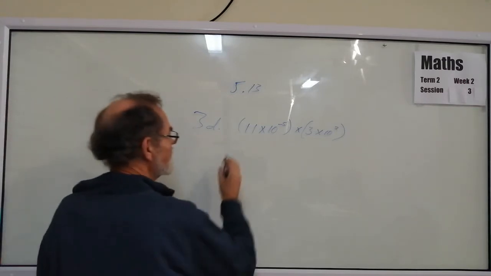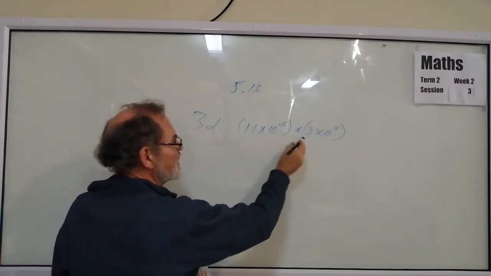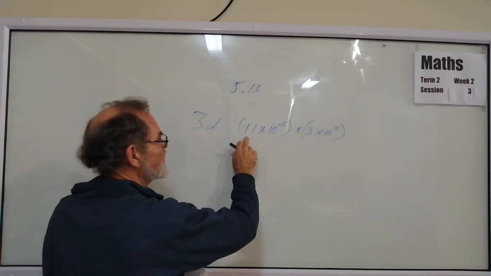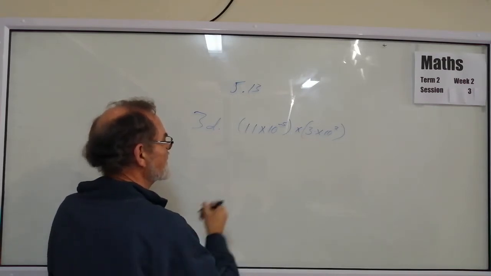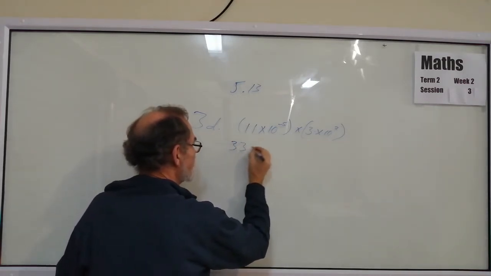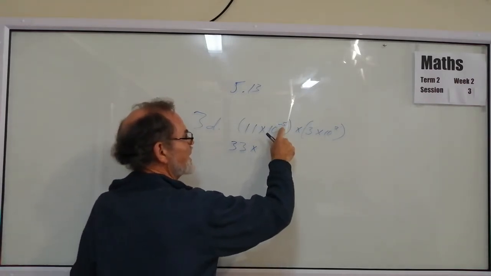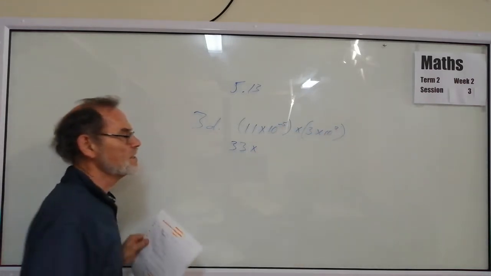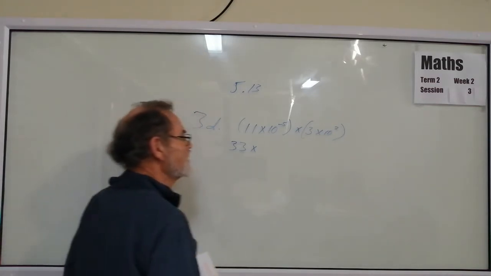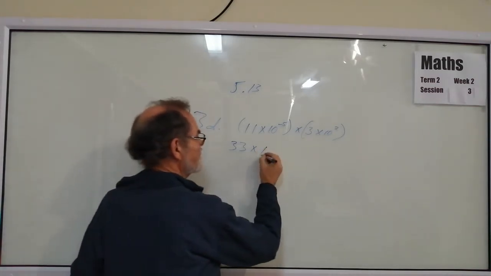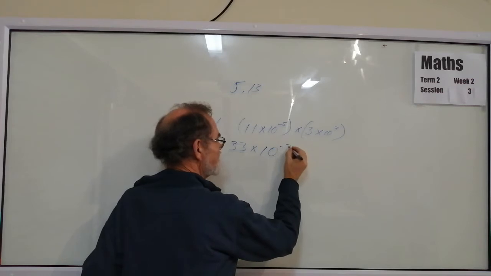You first multiply the integers here, or the constants, 3 and 11. 3 times 11 is 33. And then you add the powers. Add minus 5 and 2. What is minus 5 plus 2? Is minus 3. So it's 10 to the minus 3.